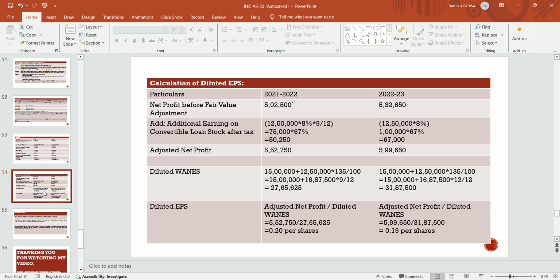So it becomes 67,000. 5,32,650 plus 67,000 becomes 5,99,650. Diluted weighted average number of equity shares is 15 lakhs plus 12,50,000 into 135 divided by 100 into 12 by 12, so it becomes 31 lakh 87,500. Diluted EPS is adjusted net profit divided by diluted shares, so 5,99,650 divided by 31 lakh 87,500 becomes 0.19 per share.